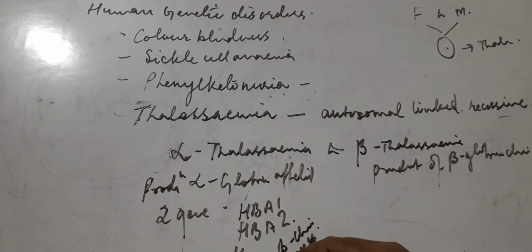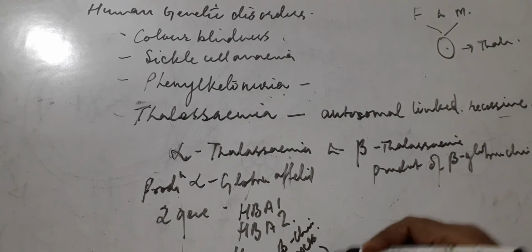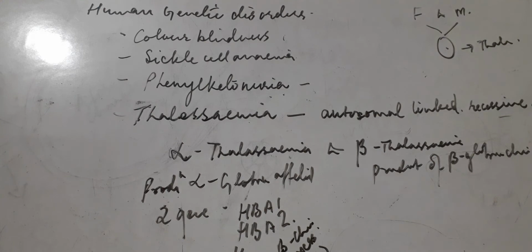Due to the excess of beta chain, they form unstable tetramers, which are called hemoglobin H. Clear? And these have abnormal oxygen dissociation.